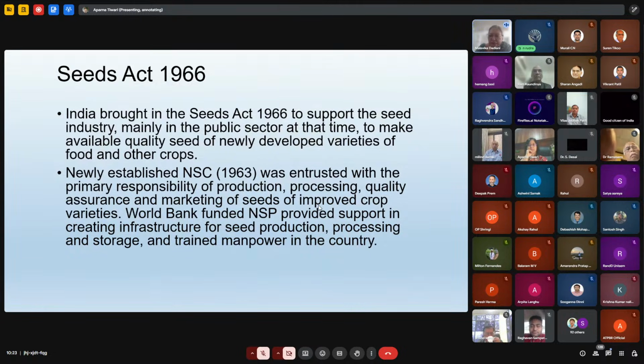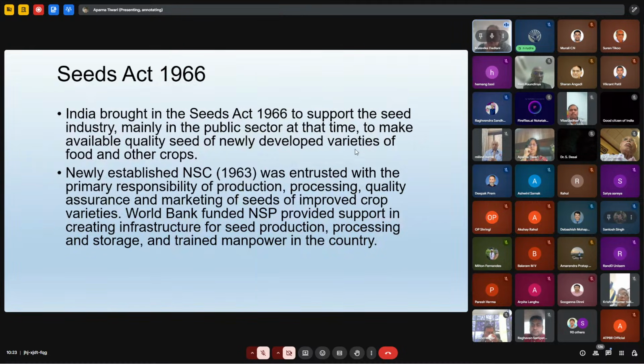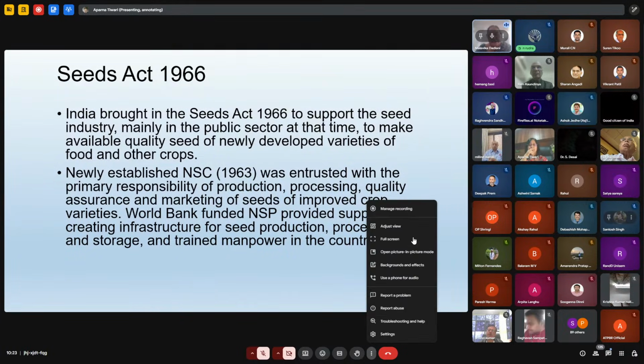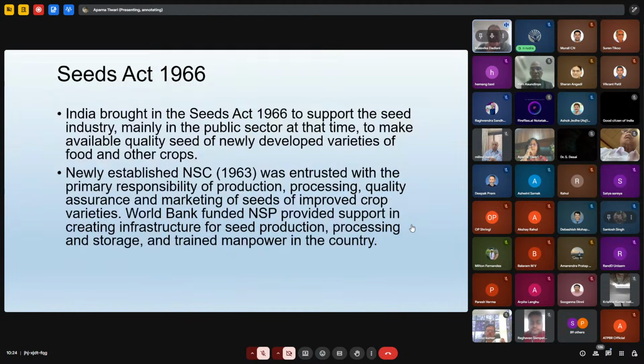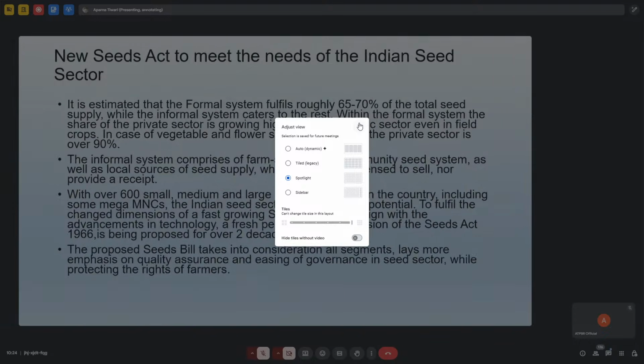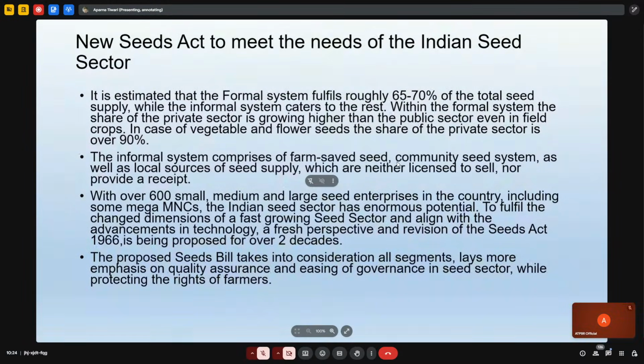In the beginning, they were also doing the certification and, of course, marketing of seeds, mainly of the food and other field crops. The World Bank funded NSP, National Seed Project, also provided support in terms of establishing infrastructure as well as training of the manpower. That was the beginning of the seed industry in a formal, proper manner. Before that also there were seed companies, but the organized seed sector started from early 63, and the Seeds Act 1966 played a very important role.